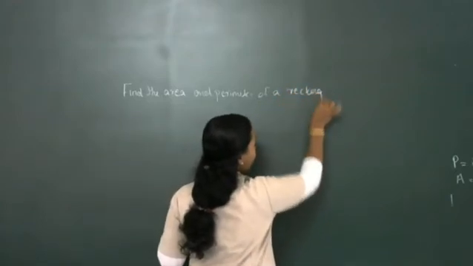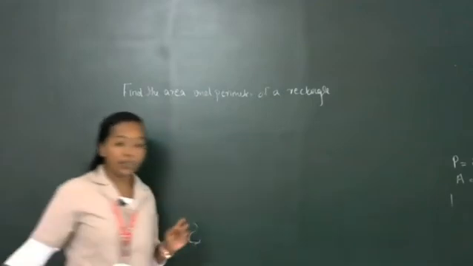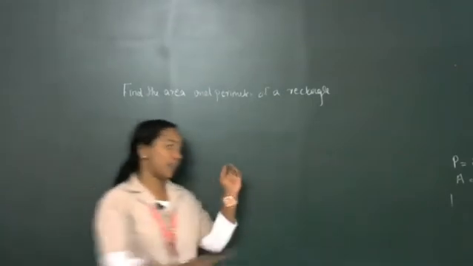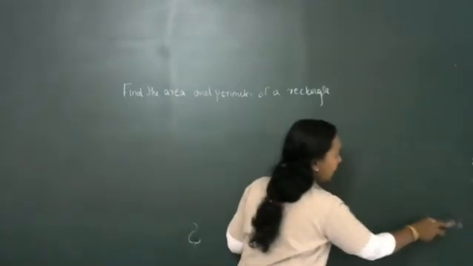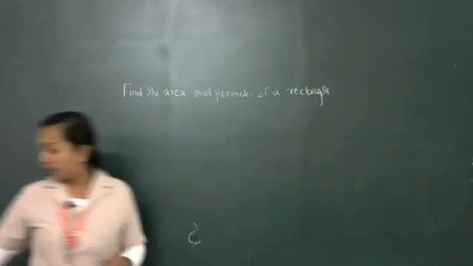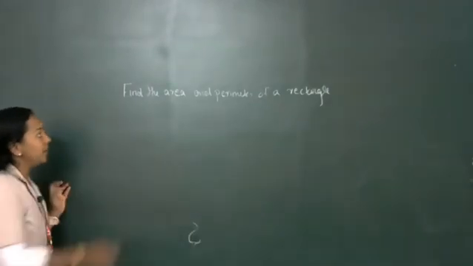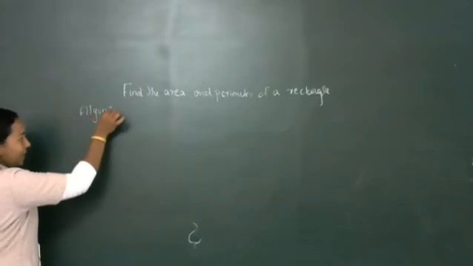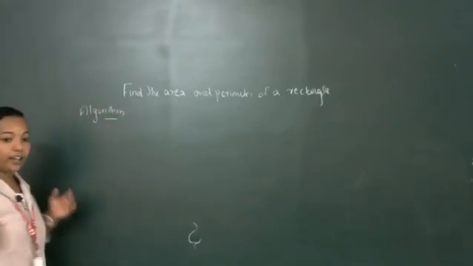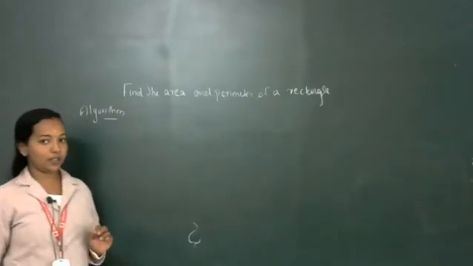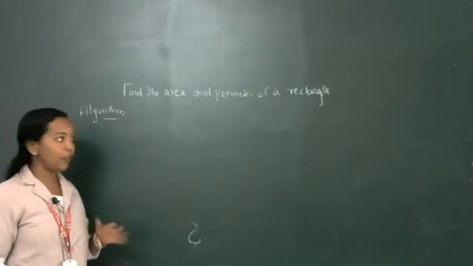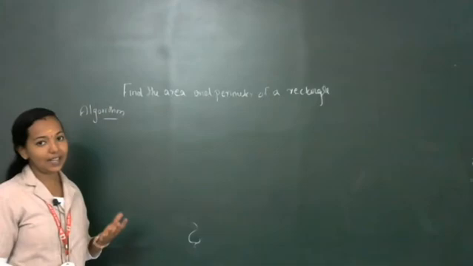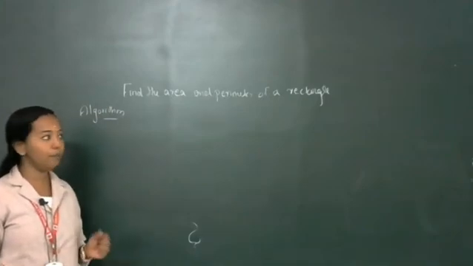Okay, you want to find out the area and perimeter of a rectangle. First I will write the algorithm, and after that, the same algorithm I will convert into a flowchart.